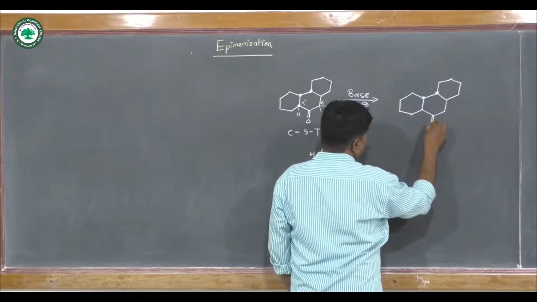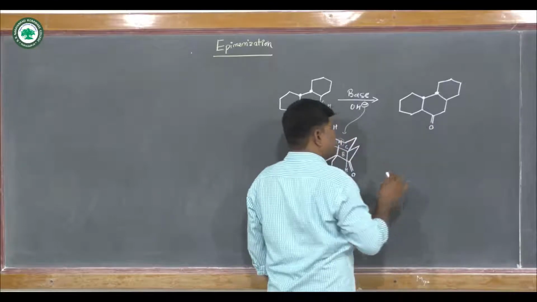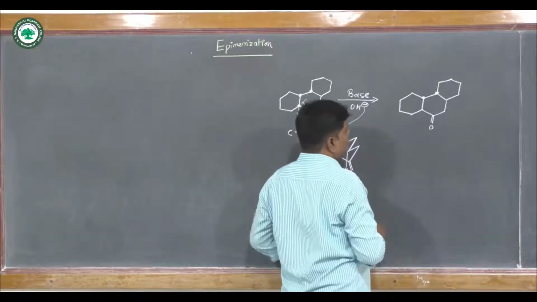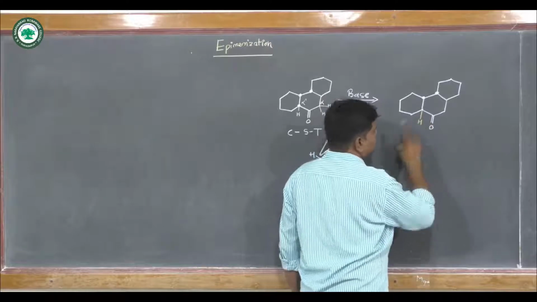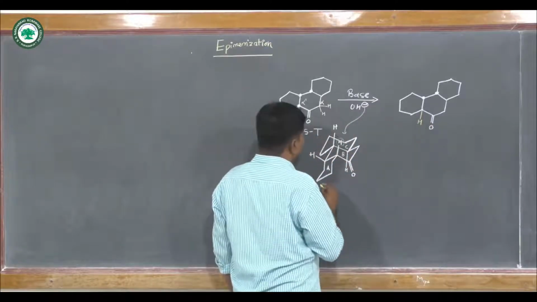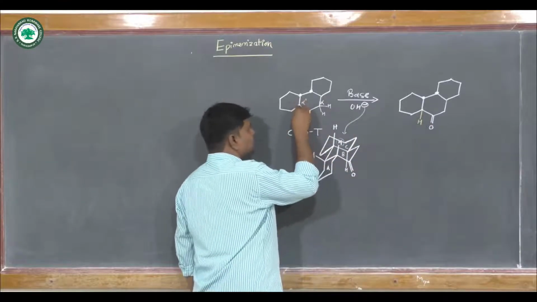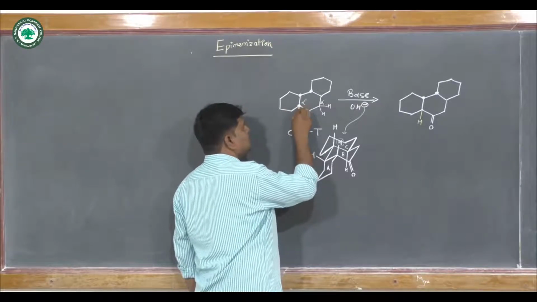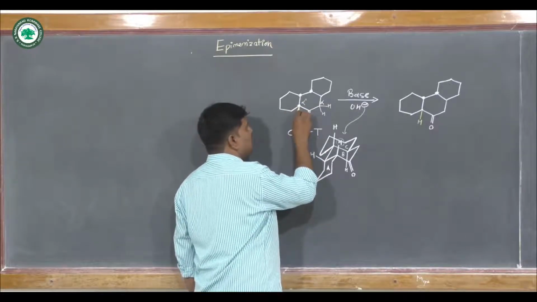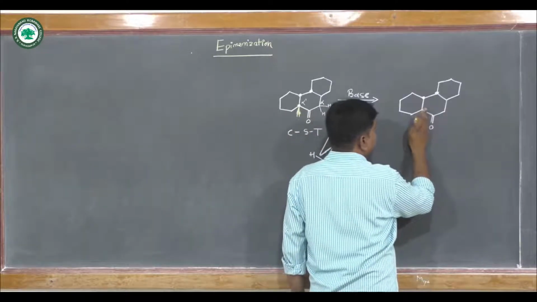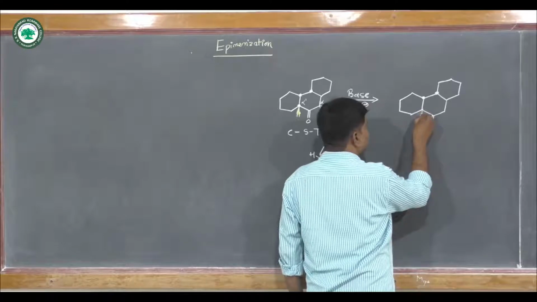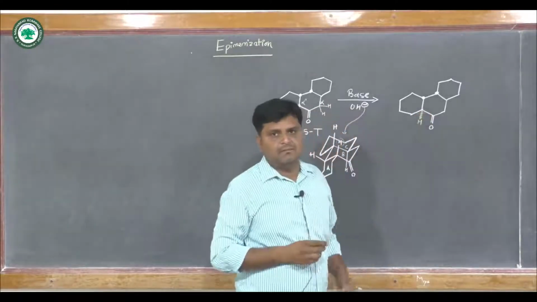And here we also get the carbonyl group by the abstraction of the proton. The proton which is abstracted, I will show here, is the proton at the alpha position. Here we write that proton by a wedge line, and here we write that proton by a dotted line, so you understand very well, okay.